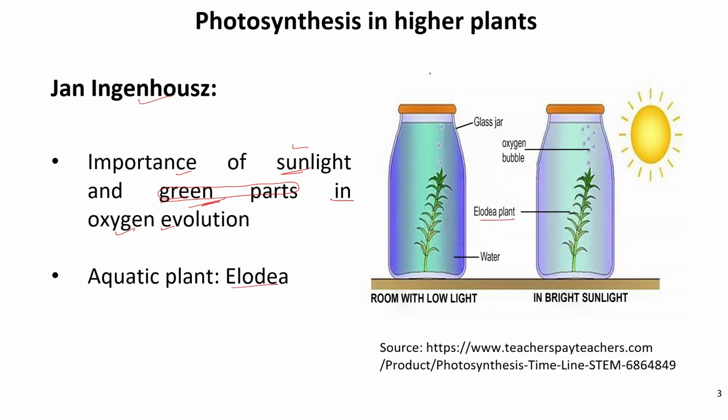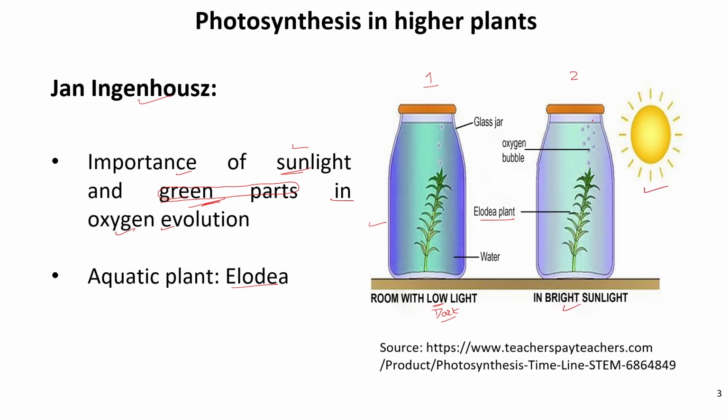So in the first setup, he kept this entire setup. So Elodea plant was there, kept in the water because it is an aquatic plant. So he kept the first setup in low light, or you can say in dark conditions. Okay, and then he kept the same setup in the bright sunlight or in the light.